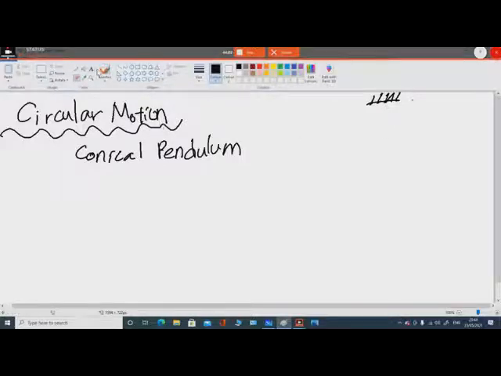So this one will be our ceiling here. This one will be our string. Let me draw a dotted line here. This one will be our pendulum, the bob.